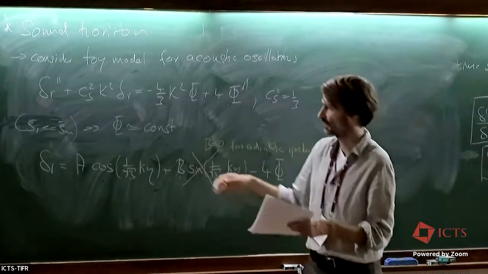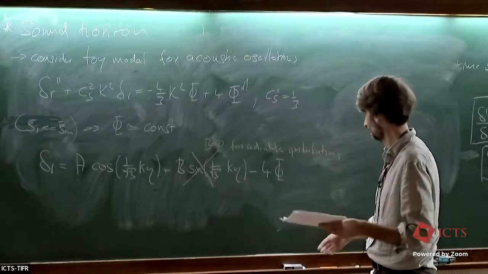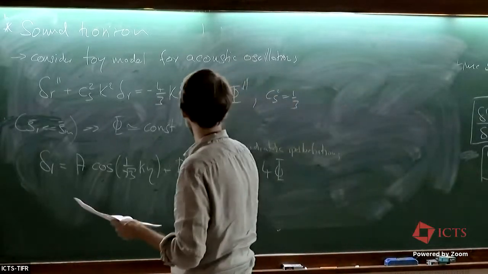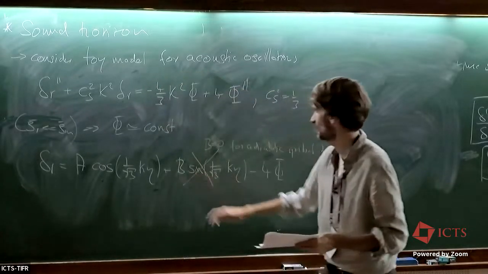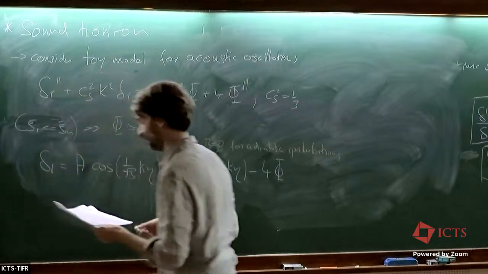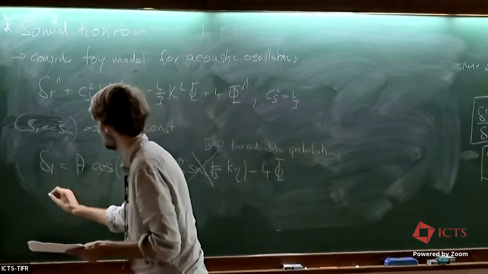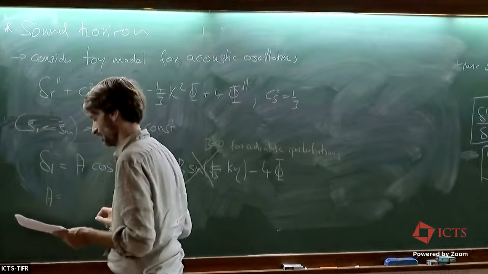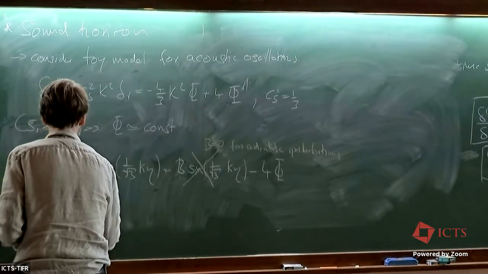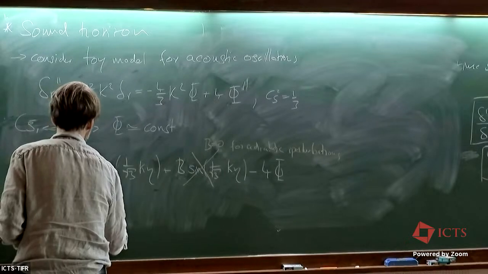But of course, that requires more work. Then what you find is that B is 0, and A is given by the initial value. If you do it carefully, you find that A is 4/5 times the initial curvature perturbation.